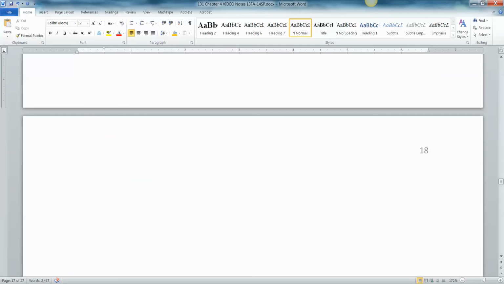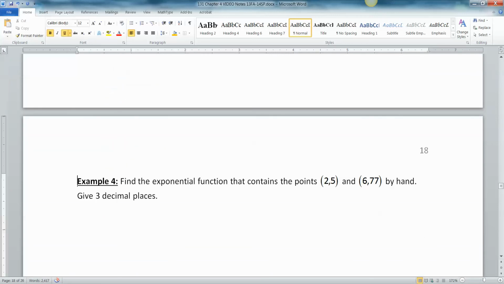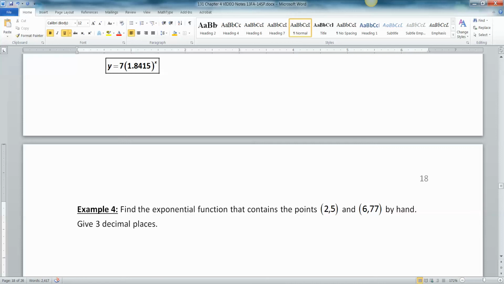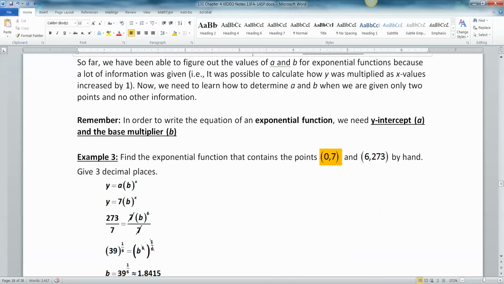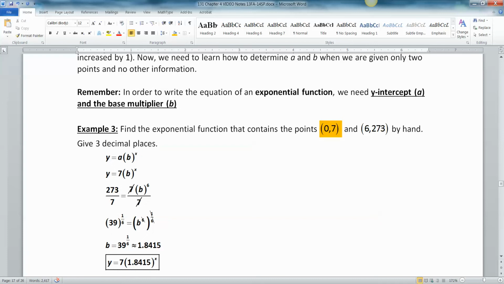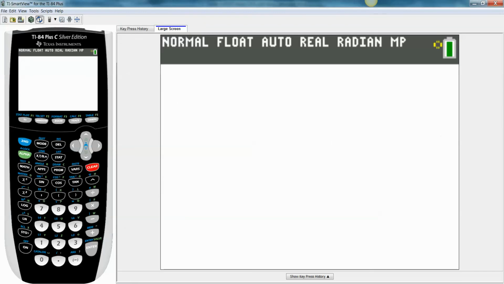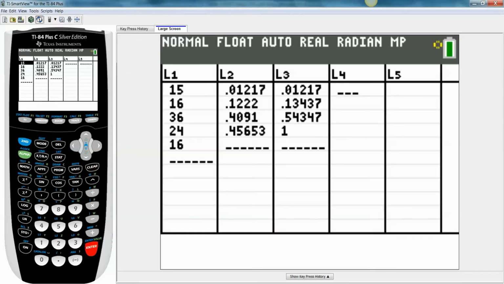Okay, now, what if I didn't give you the y-intercept to start with? That would make your life so much more difficult. So let's do that. Oh, real quick, you could double check yourself. I'm kind of jumping the gun a little bit here, but I want to show you how you could double check yourself. So I press Stat, Edit, and I clear out this old stuff here.